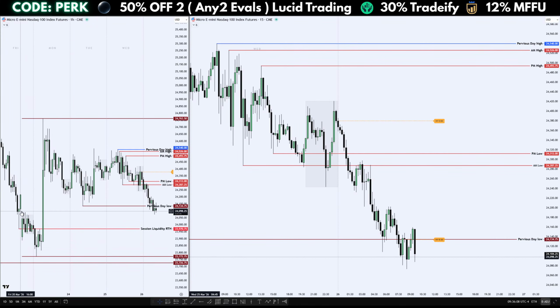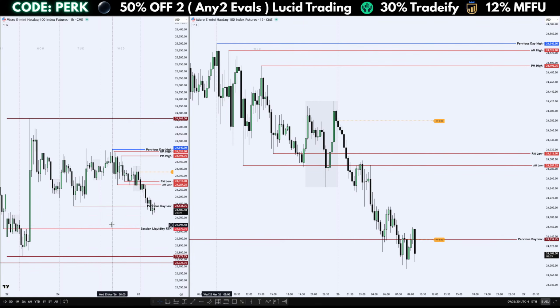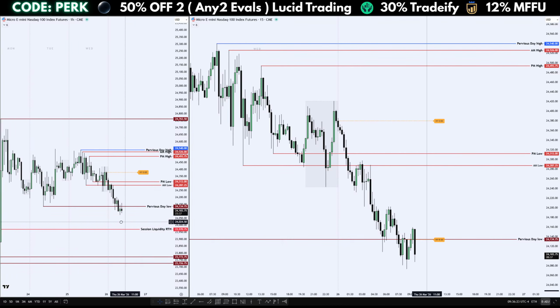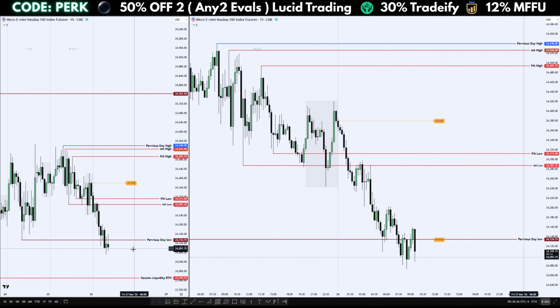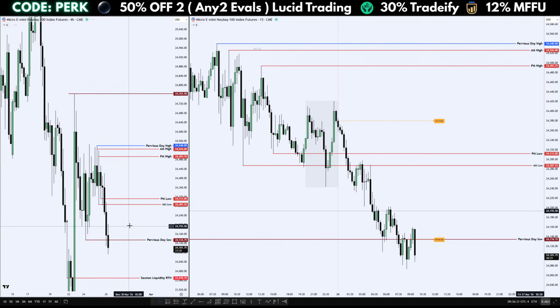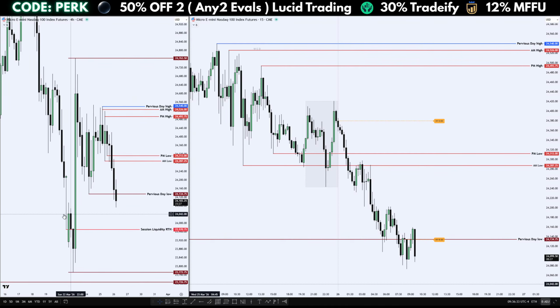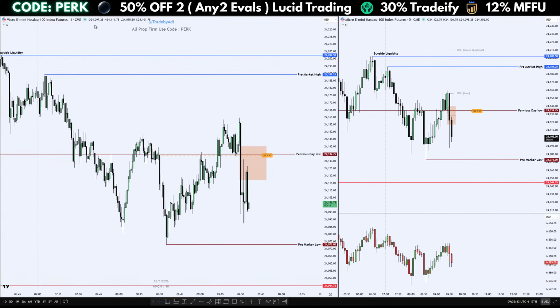On a 1 hour, we are hitting this new week opening gap. This one. Yeah, inside the new week opening gap. And this is the 4 hour. At a 4 hour, we do have this order block. If price taps to this 24,044, then it is good.